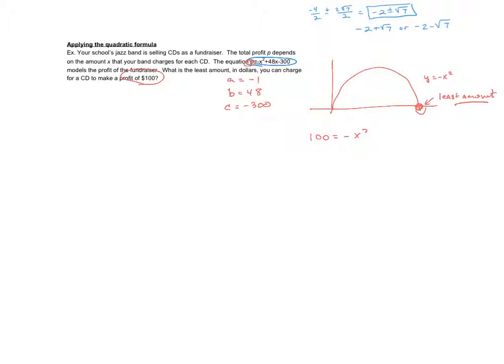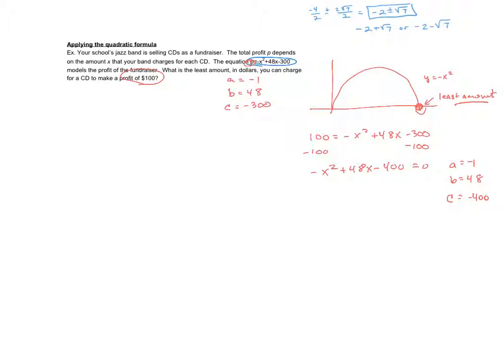I do some simple math to get this into standard form. I know that P is profit, and they want me to make a profit of $100. So I substituted in $100 for P. I do my inverse operations to get it into standard form, and I have negative x squared plus 48x minus 400 equals 0.